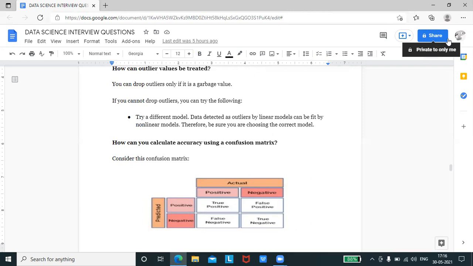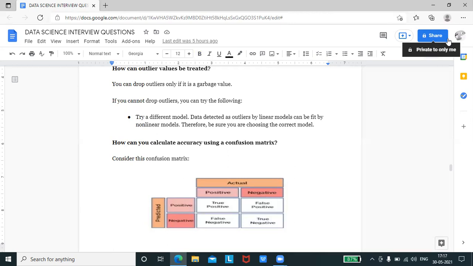It's an n by n matrix for evaluating the performance of a classification model, where n is the number of target classes. The matrix compares the actual target values with those predicted by the machine learning model. This gives us a holistic view of how well the classification model is performing and what kinds of errors it is making.